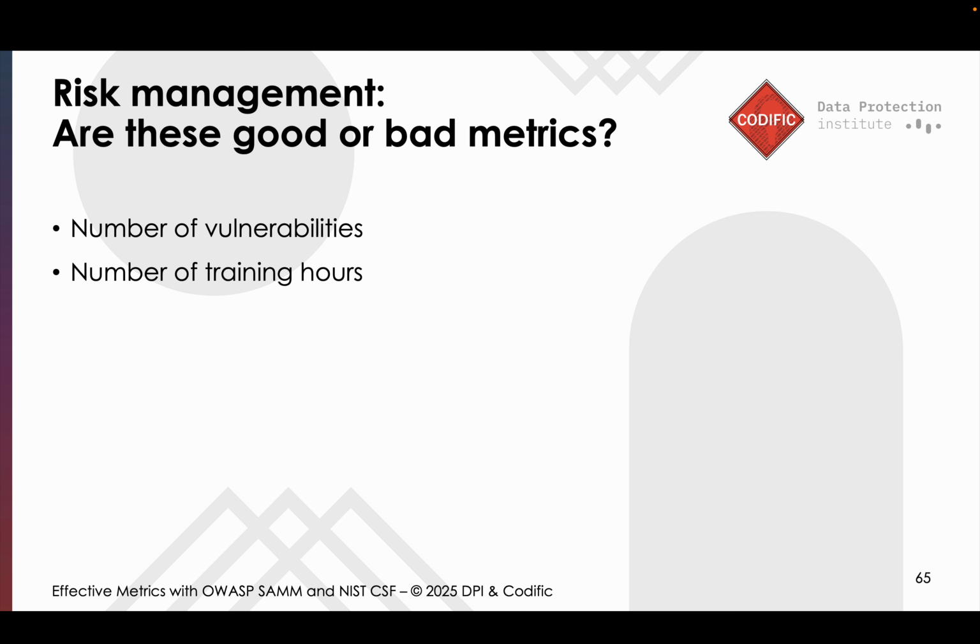Take number of vulnerabilities, for example. It sounds useful, but the correlation with actual risk is weak. Most vulnerabilities, based on some data up to 90%, aren't even exploitable. And for the ones that are, you often only get a technical impact score, not business impact and not likelihood.